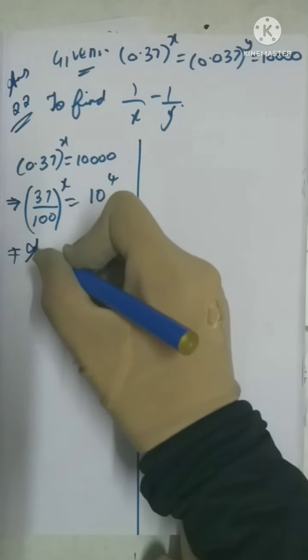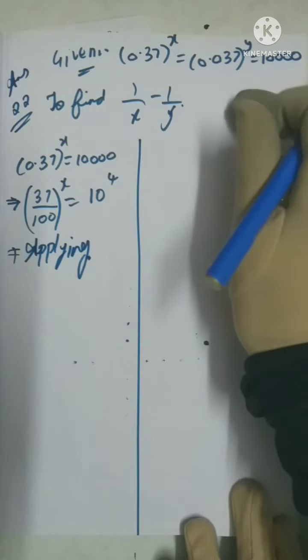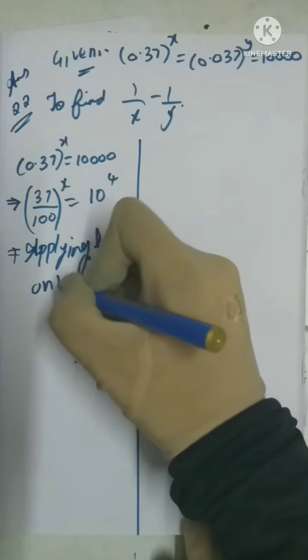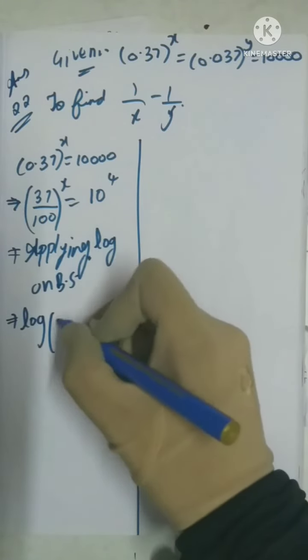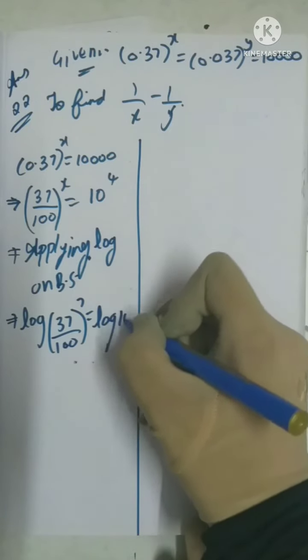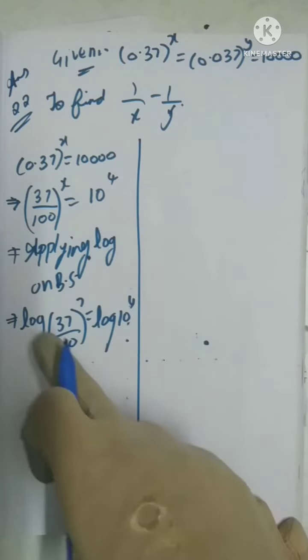Now what will I do? I'll apply log on both sides, and such type of questions will always be solved with the help of logarithms only. So I'm writing log on both sides. So log of (37 by 100) power x is equal to log 10 power 4. Now compare it with the identity log x power n.